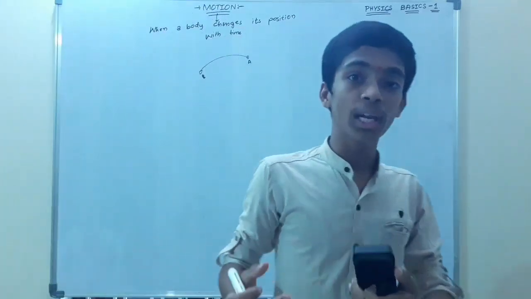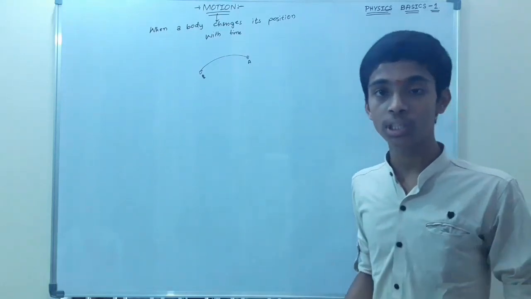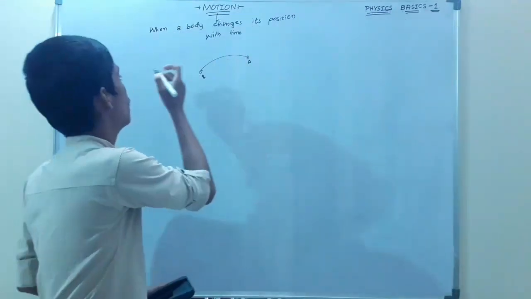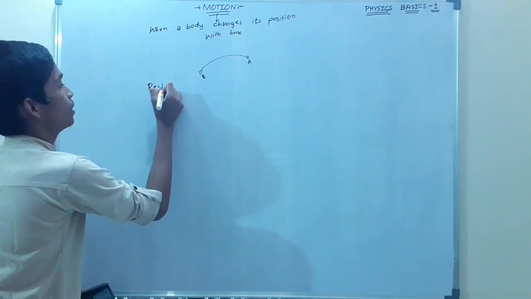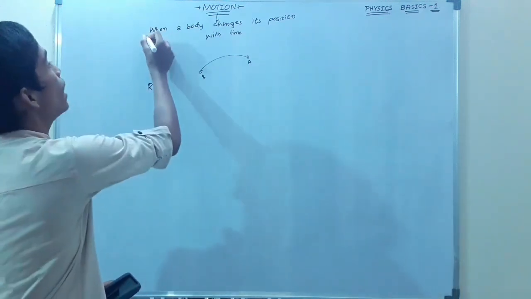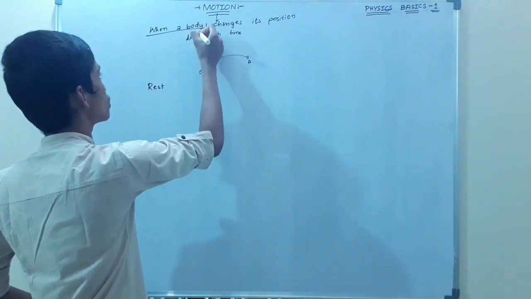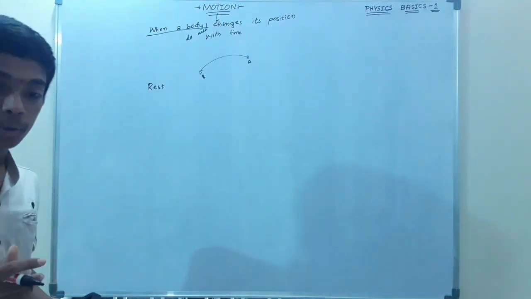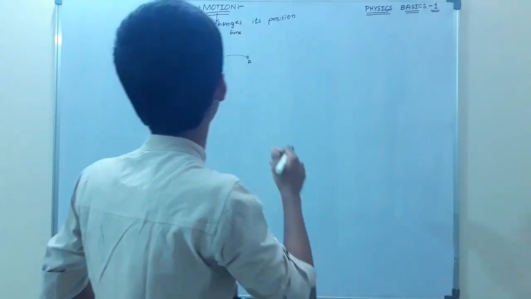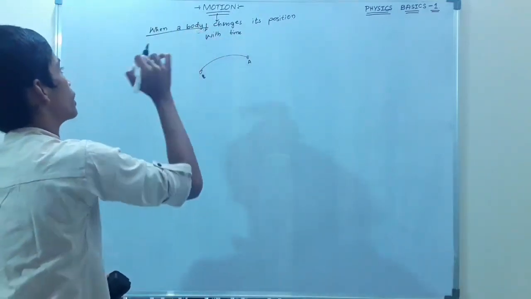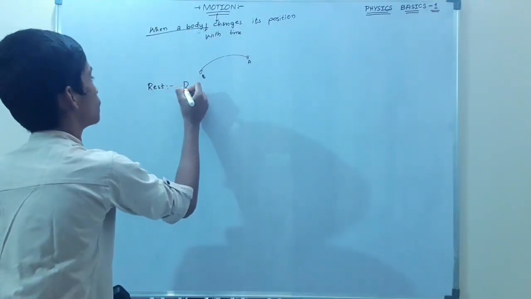And coming to the relative term, the opposite term to motion, is rest. This is also simple. When a body does not change its position with time, it is called rest.